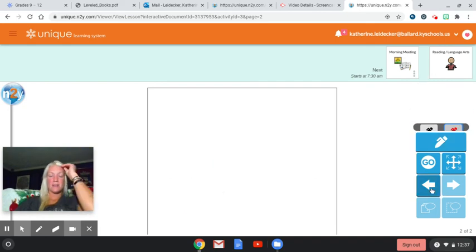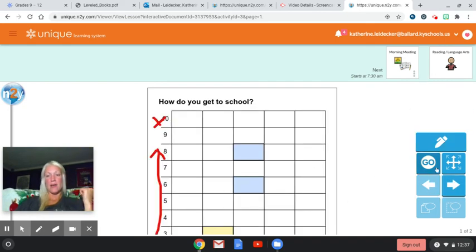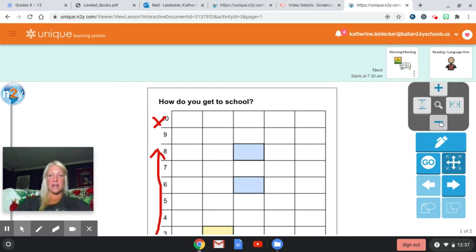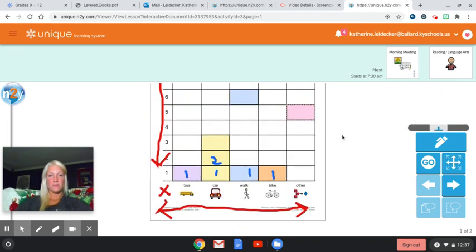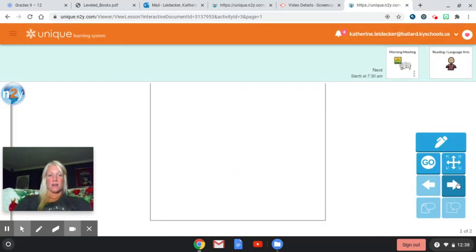Which had the least? Okay, since these are all the same, I have 1 student that rides a bus, 1 student that walks, and 1 that rides a bike. So I really don't have one that's the least. Obviously, the bus, the walkers and the bike riders are the least, because there's more car riders.